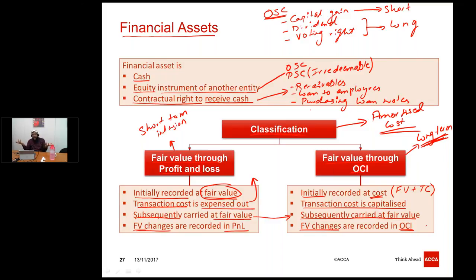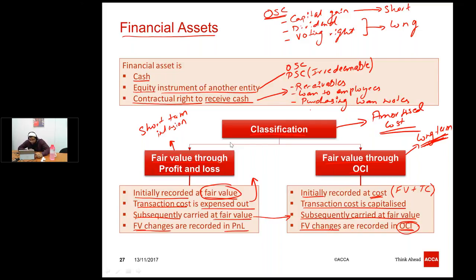I would say I don't care, because my voting rights have not decreased and my intention was not to earn capital gain. My intention was to gain the voting rights, and the decrease in share price, I have no concern with it. So that is why we are not recording the fair value changes in P&L, but we are recording in OCI, showing the shareholder that we don't care about the movement of the shares.